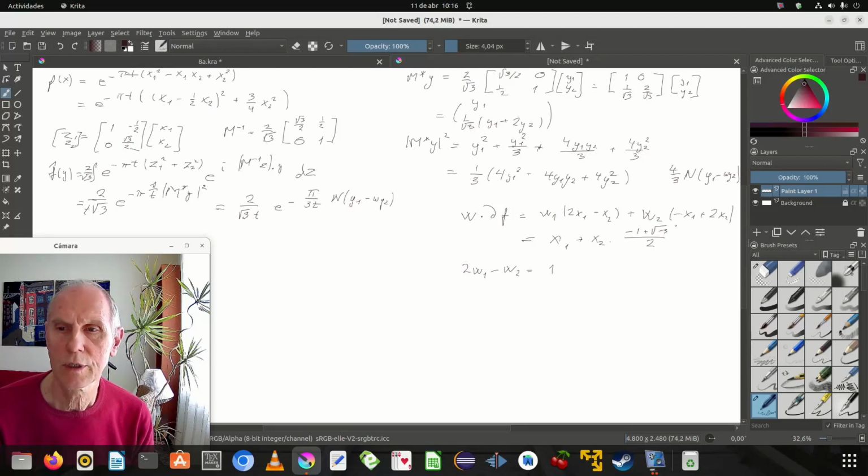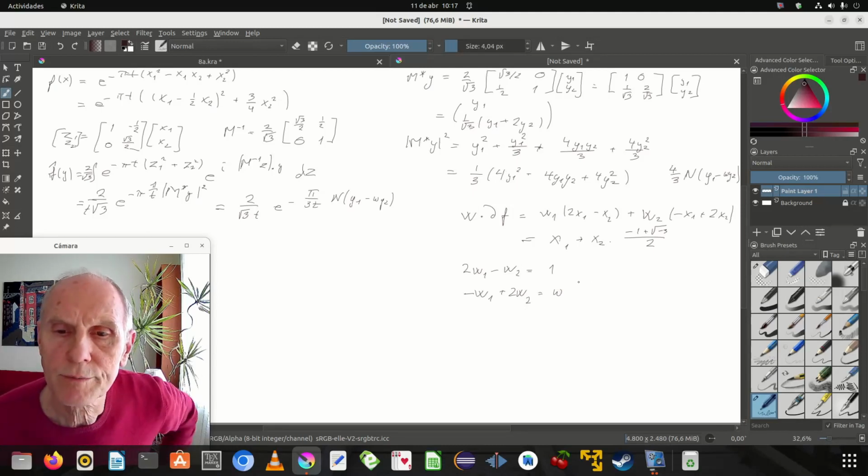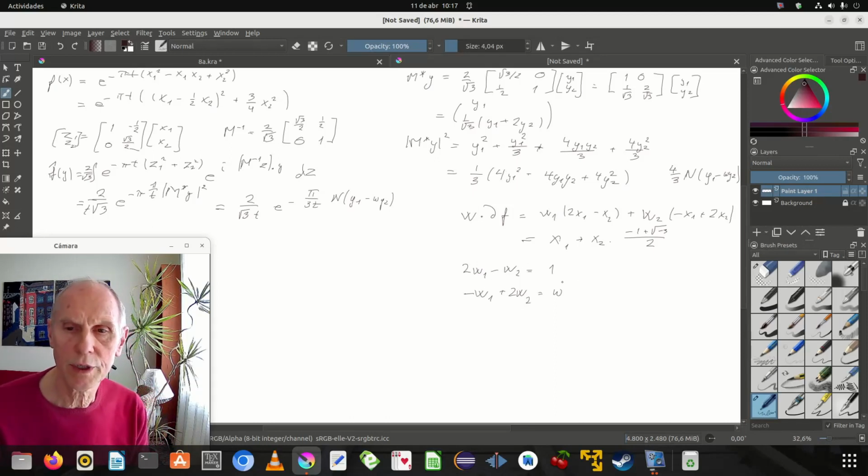Equals unity. And then the one with x2, that's minus omega 1 plus 2 omega 2 equals, well, that's omega. That's two equations. The discriminant is 3.